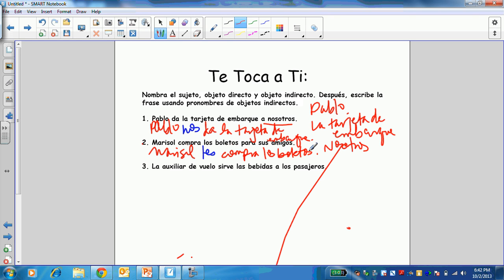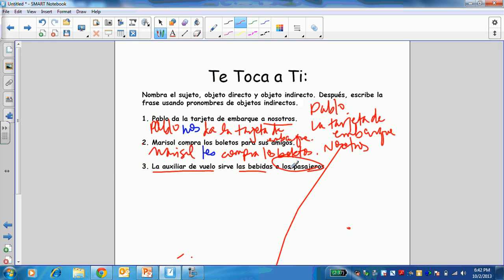Okay. Número tres. La auxiliar de vuelo sirve las bebidas a los pasajeros. So, la auxiliar de vuelo, that's our subject. Sirve las bebidas, the drinks are being served, that's our direct object. A los pasajeros, that's our indirect object.